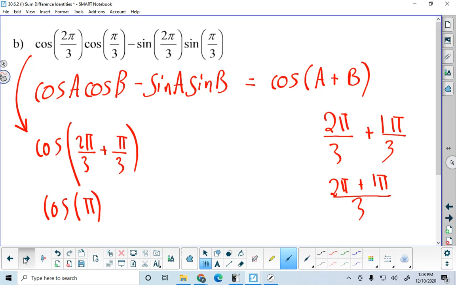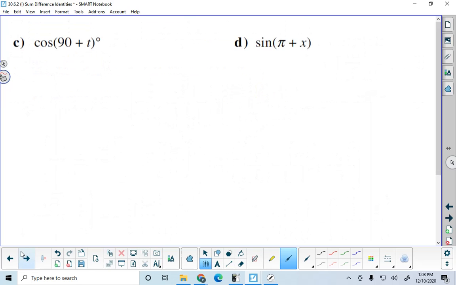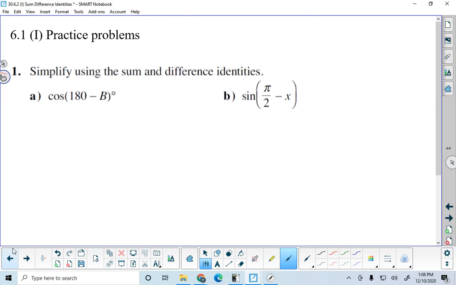Okay, I'm going to jump ahead now to the assignment, and we're going to take a look at question 1. Because I don't have examples in your notes like what you're going to do in question 1, but we can figure this out. I'm going to choose B. Sine of pi over 2 minus x would be sine of pi over 2 cosine of x minus cosine pi over 2 sine of x.